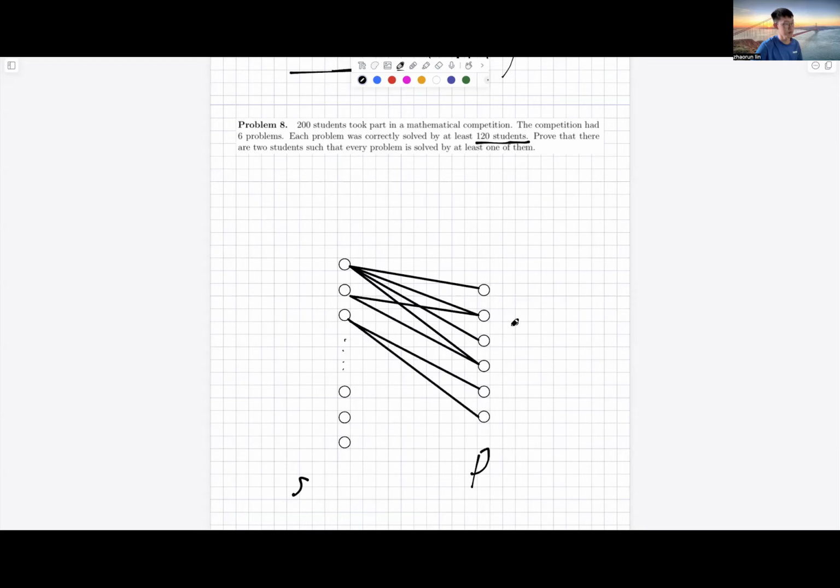And now, since we have 200 students, and each problem is solved by at least 120 students, if you think of the minimum, if you think of the edges in the middle, there are at least how many edges?